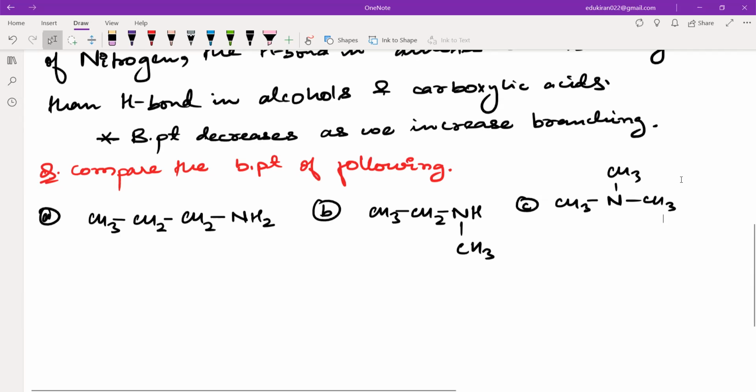You have to compare: A is greater than B is greater than C, or what is the order? You have to tell me the order. Compare it.